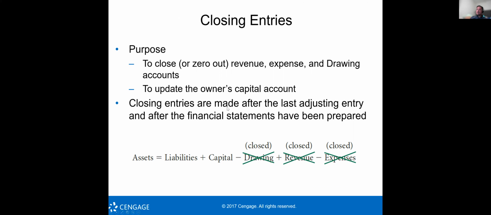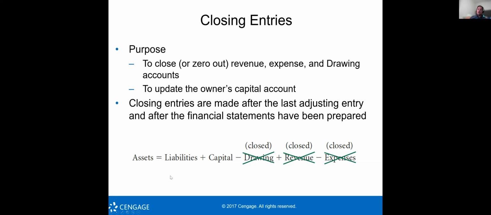The reason is that once you close these accounts, you are no longer able to prepare the financial statements. So before you do the closing entries, make sure you are already done with the financial statements. Once you're done, you can perform the closing entries and prepare the closing trial balance. So you will close the drawing, the revenue, and expense to the capital.